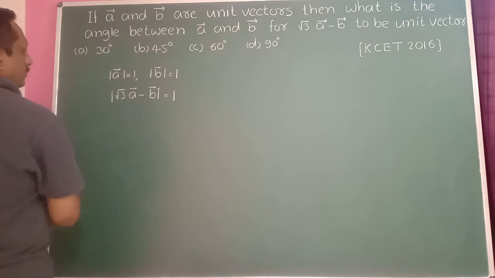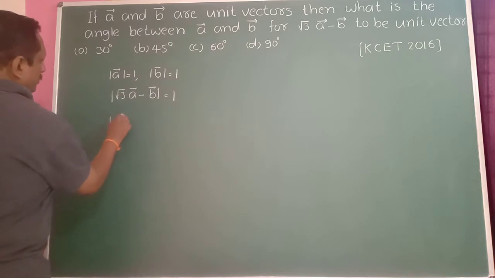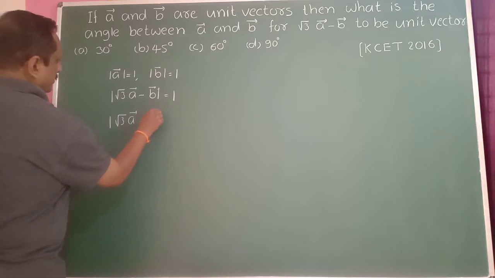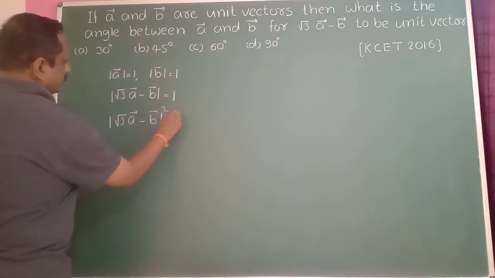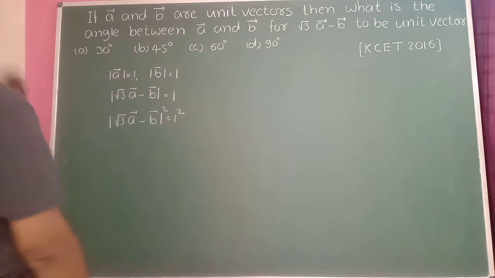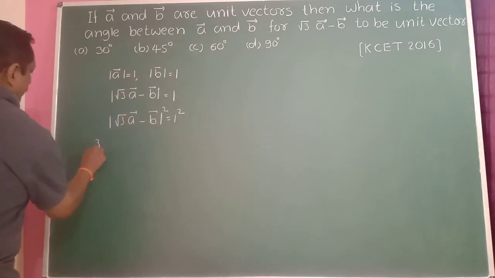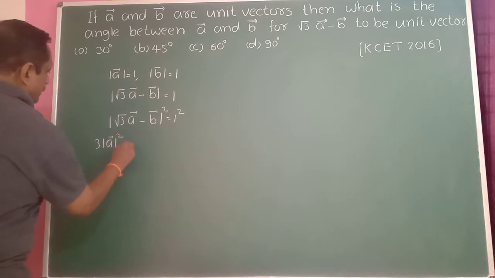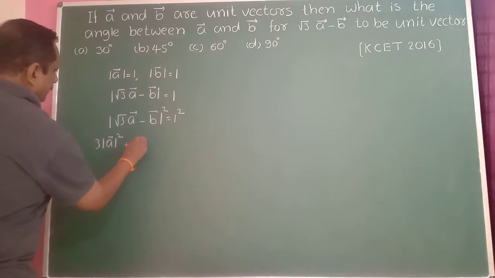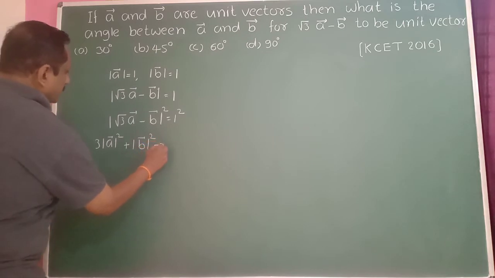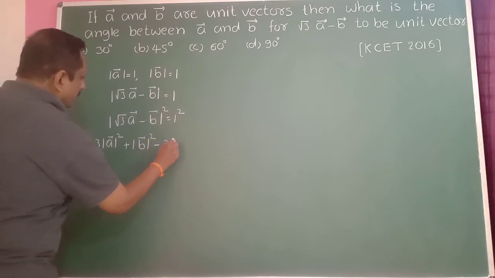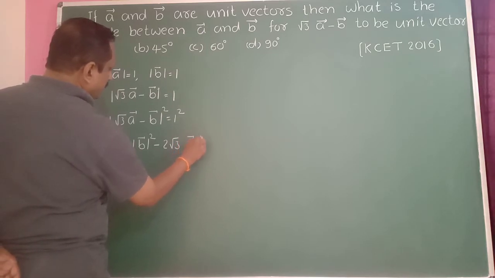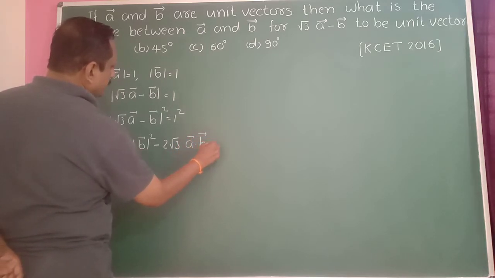Then squaring on both sides, so root 3 into a bar minus b bar, its square, is equal to 1 square. Therefore expand it here: 3 into modulus of a bar square, then plus modulus of b bar square, minus 2 root 3 into a bar dot b bar, that is equal to 1.